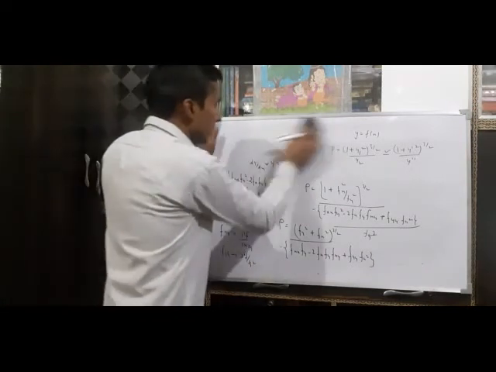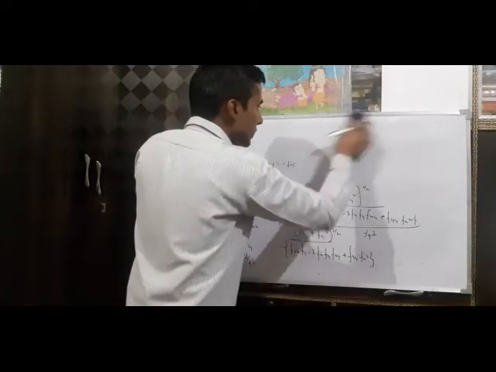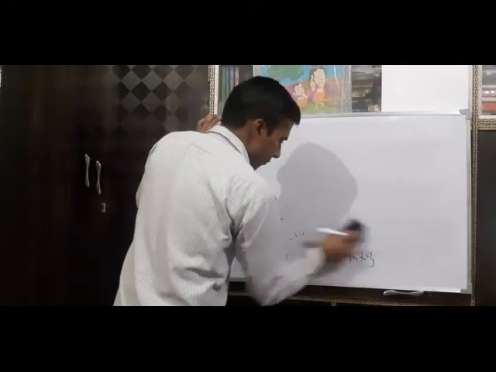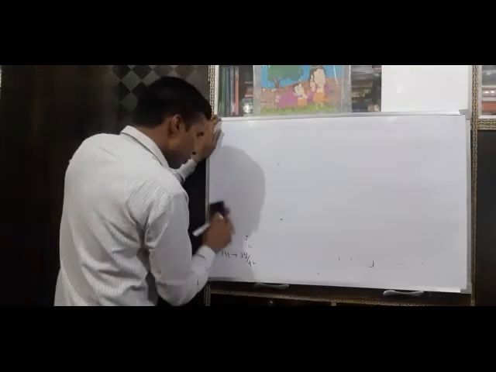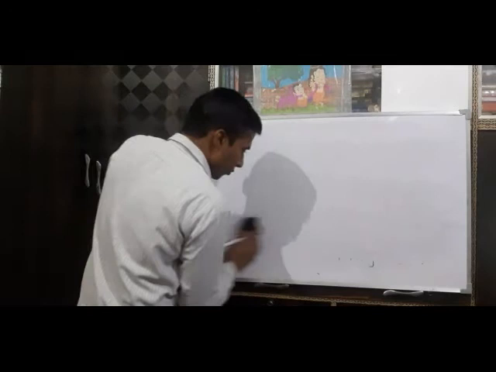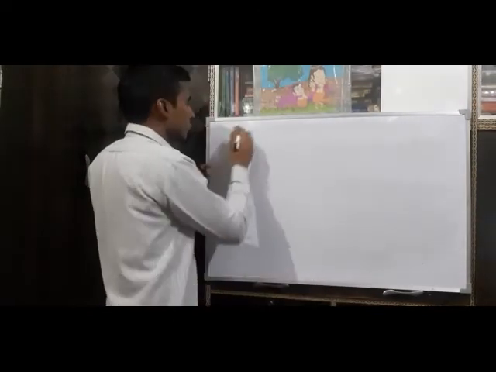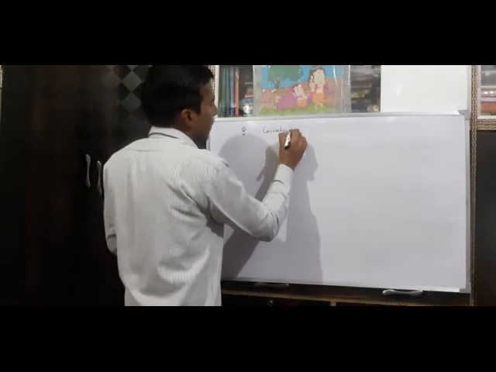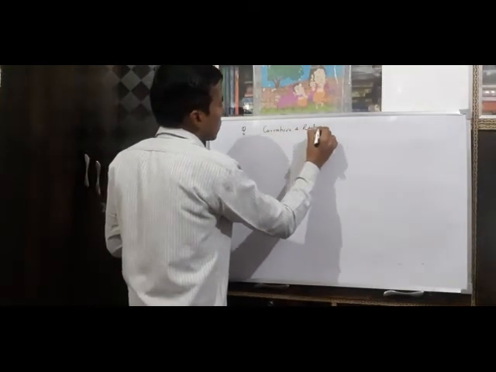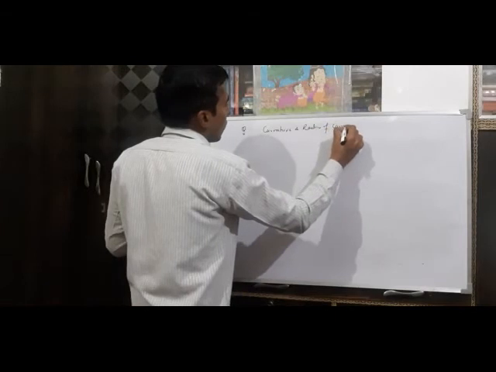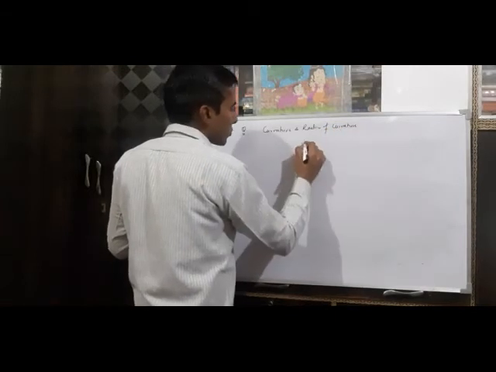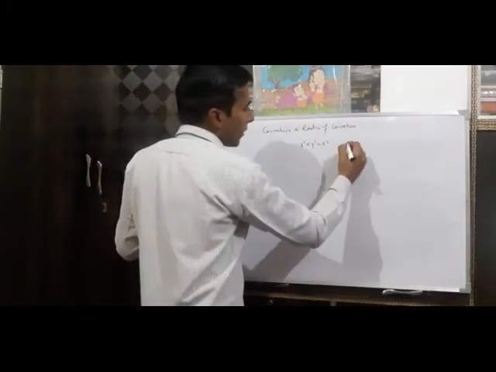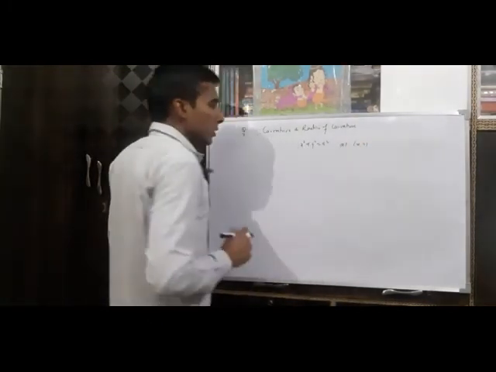Now we will try to understand all these cases with the help of some examples. First of all we consider a curve. The question is we have to determine the curvature and radius of curvature for the curve x square plus y square equal to a square at any point (x, y).